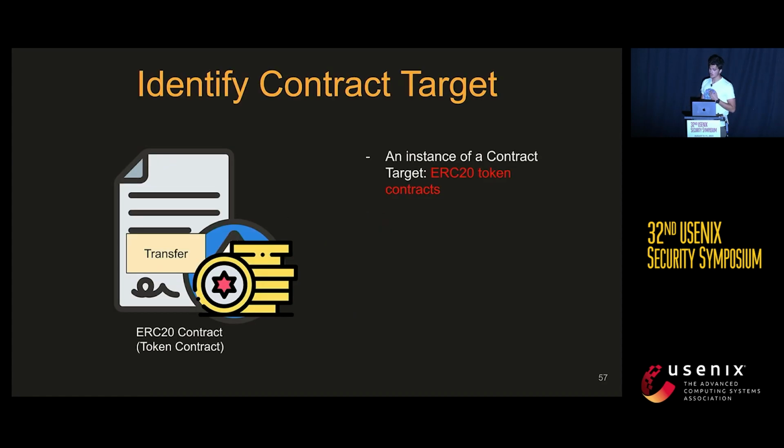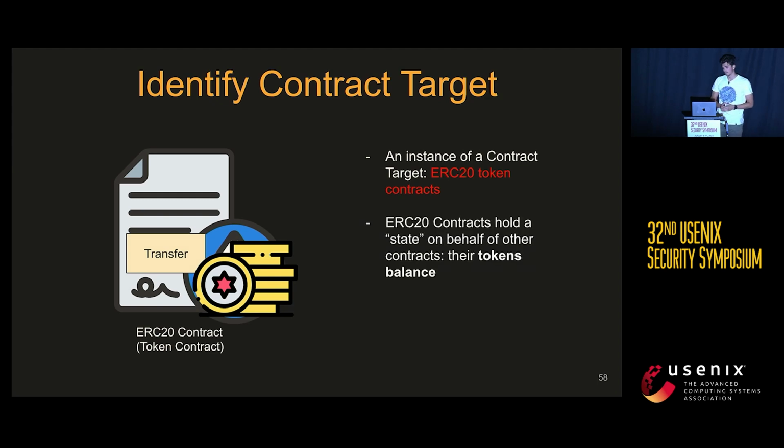Specifically, we observe that an instance of a contract target might be an ERC20 token contract. These are contracts that are holding cryptocurrencies on behalf of other users. And you can execute functions like transfer, so transferring cryptocurrency from one user to another user, or withdrawing your money, and so on and so forth.